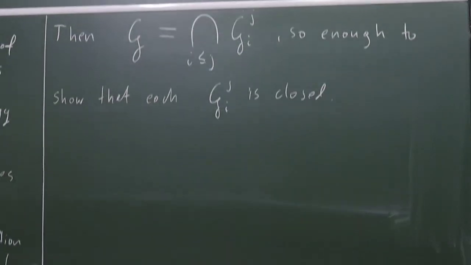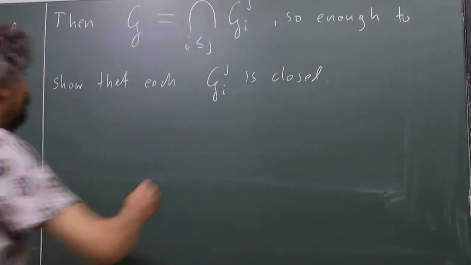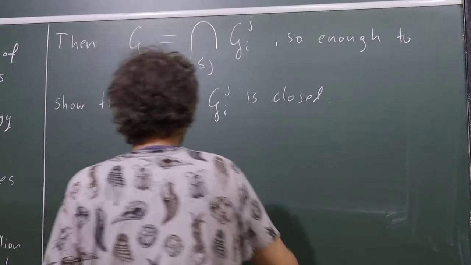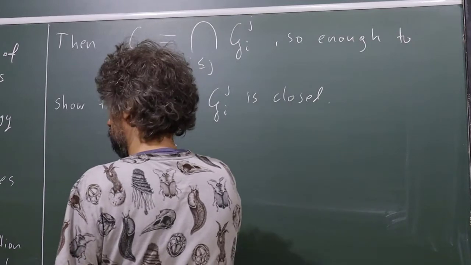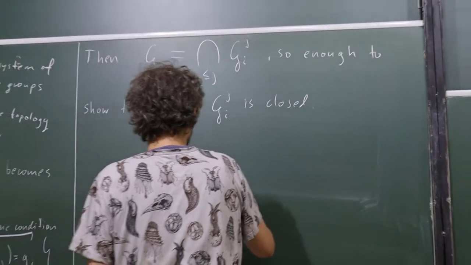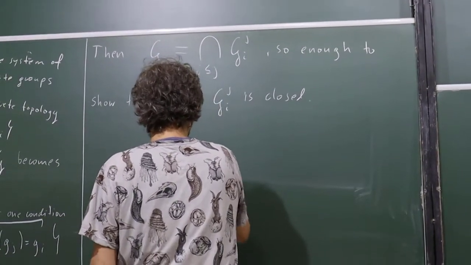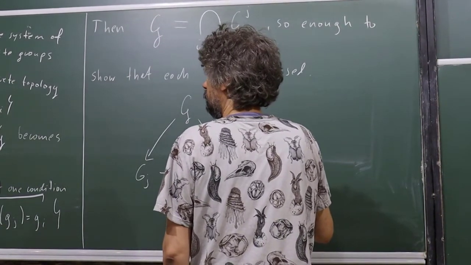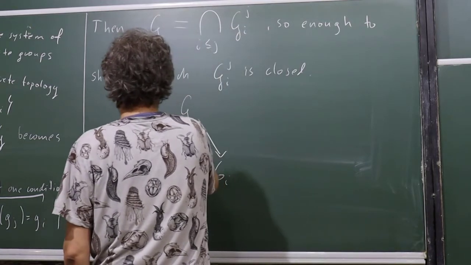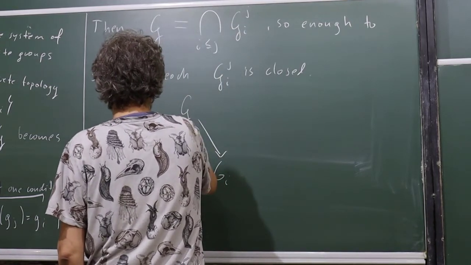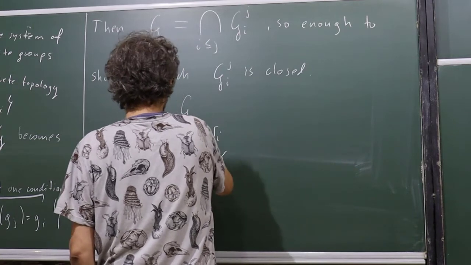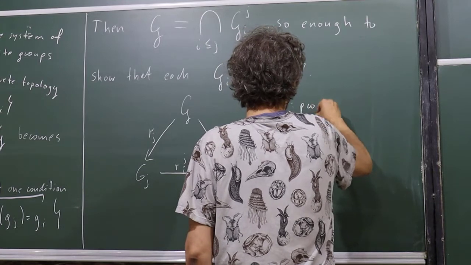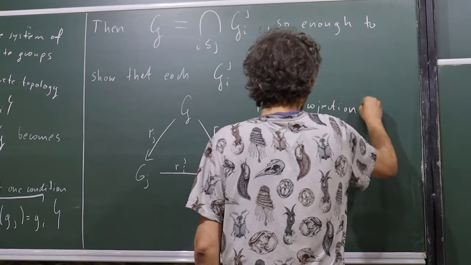So we look at this G. Now this diagram is not necessarily commutative. Here goes G_j, G_i, R_ij, this projection, so it's the projections to G_j and G_i.